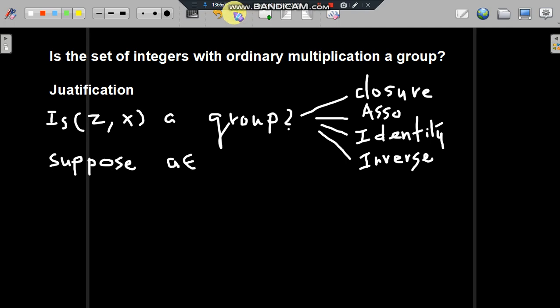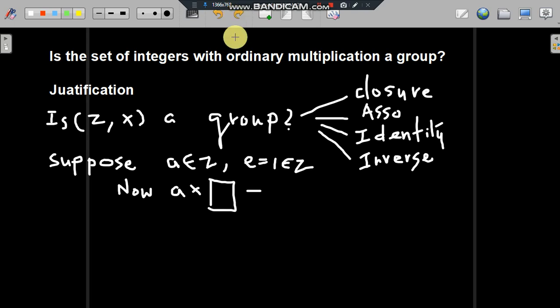Suppose A belongs to Z, then E also belongs to Z. Here, as I already told you, this is the identity in Z. Then, to say that A has an inverse, it has to satisfy one condition: A into, that is the multiplication operation given here, A into some number belonging to Z, you must get 1.